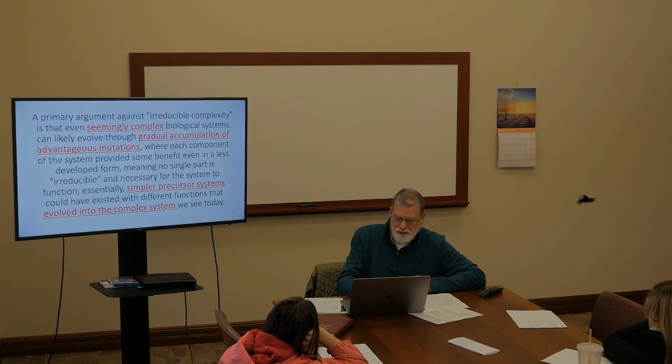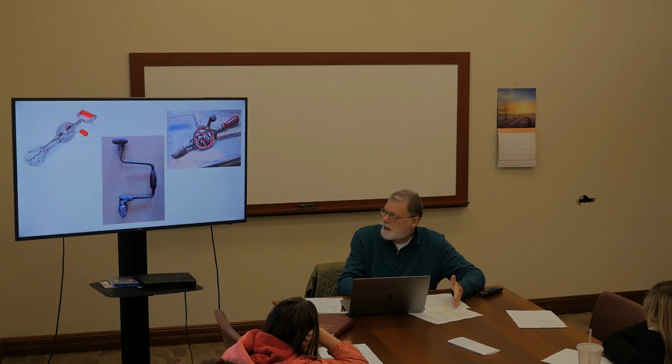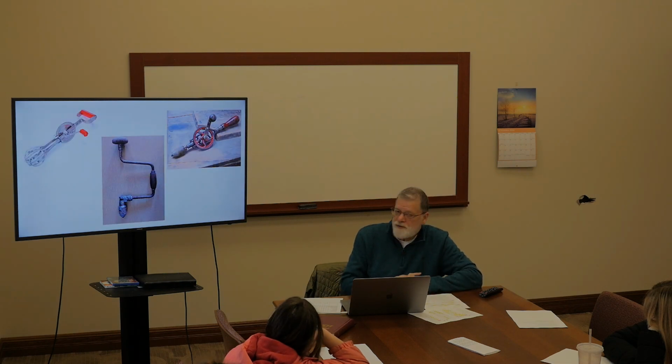All right, so here's an easy example. It's silly, okay, I understand that, but I want to get you thinking along the lines before we watch the video where an actual atheist, evolutionist scientist explains this and tries to counter Behe. All right, here we have the development of the drill.